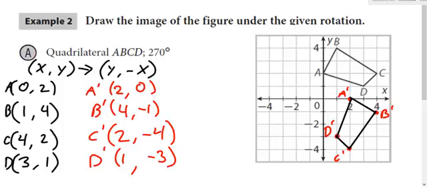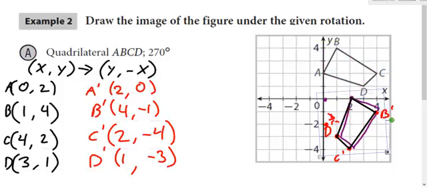Just to kind of show you, let me just do a quick little sketch here, and I'll show that it does rotate around 270 degrees. If we rotate this 270 degrees counterclockwise, that's 90, 180, 270.